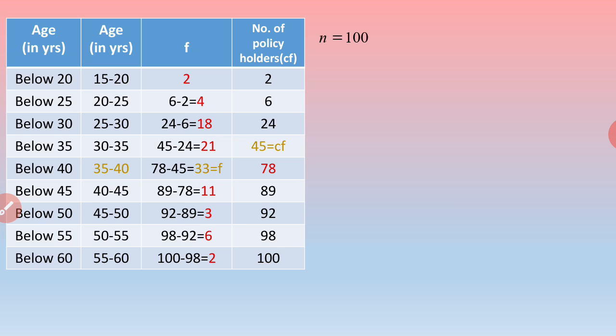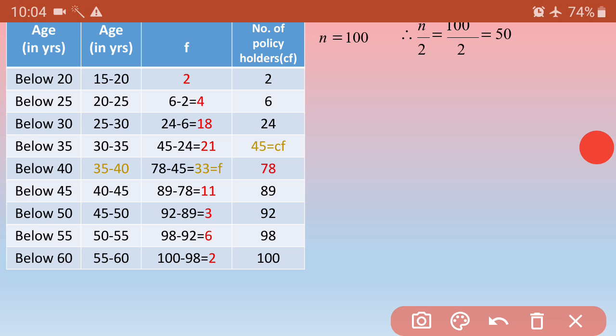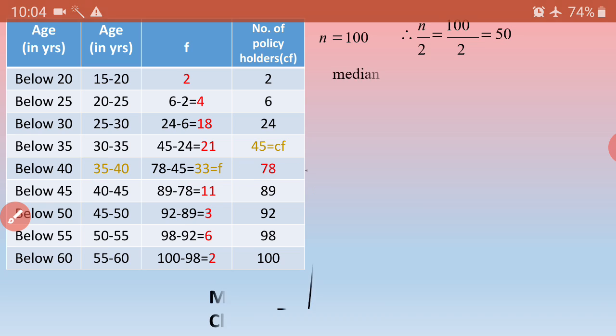Now n is 100, which is nothing but the total of the frequency or the last cumulative frequency. So we find n by 2, that is 50. 50 lies between 45 and 78 here, so we consider the row that has 78 in it. Corresponding to it will be the median class, and also the frequency.